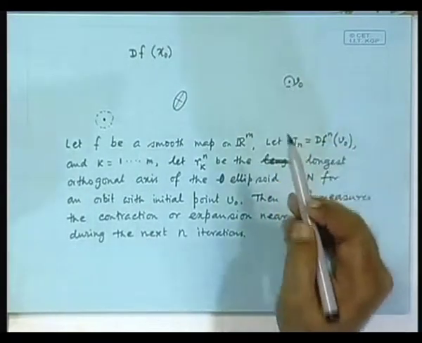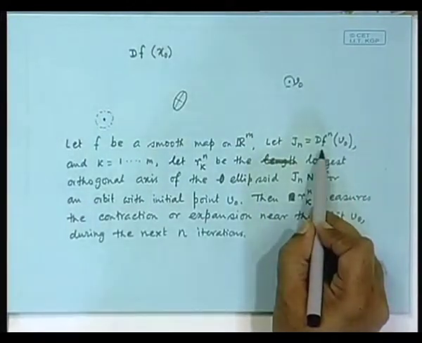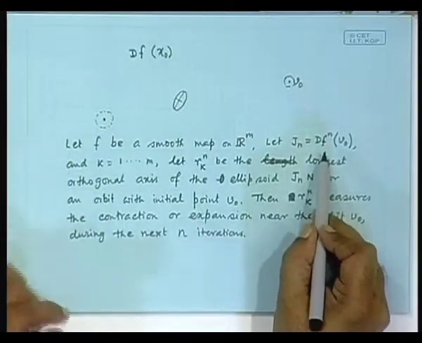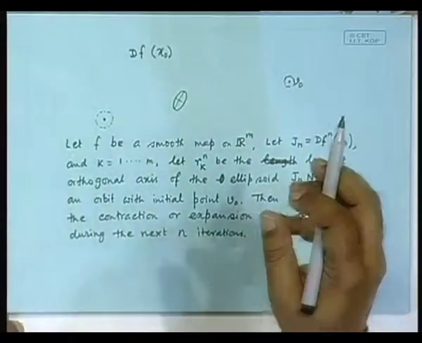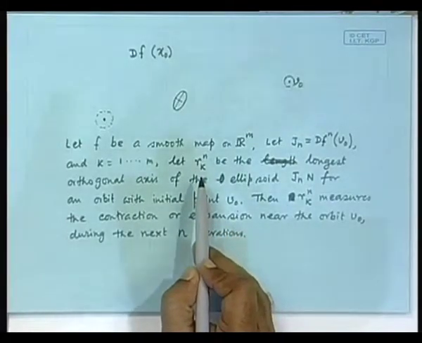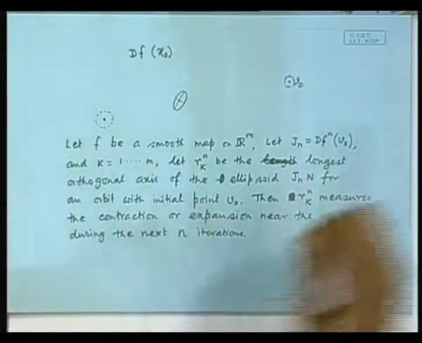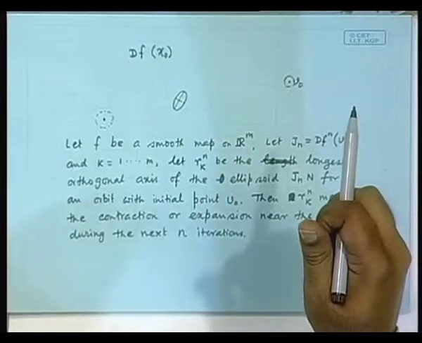So, what did we do? We obtained the nth iterate of the map, obtained the Jacobian of that nth iterate map, and from there we obtained the major axis and the minor axis of the ellipse, and we call this the major axis. If this is the major axis, that will measure the expansion or contraction.